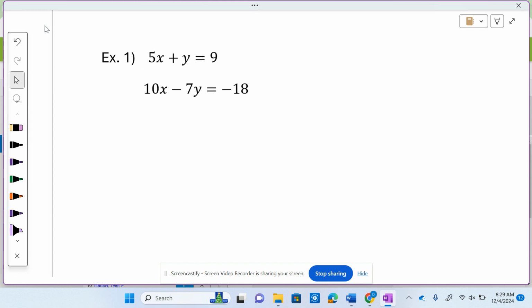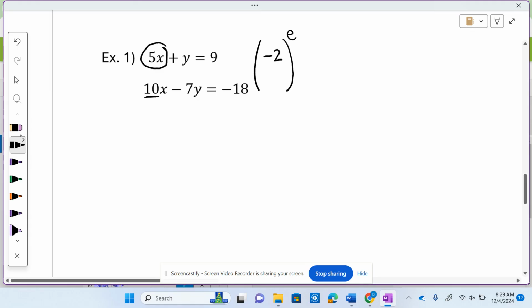Is there something that I can multiply this number by so that it is the same as this but the opposite? I could multiply the top equation by -2. That would help me eliminate the x's.